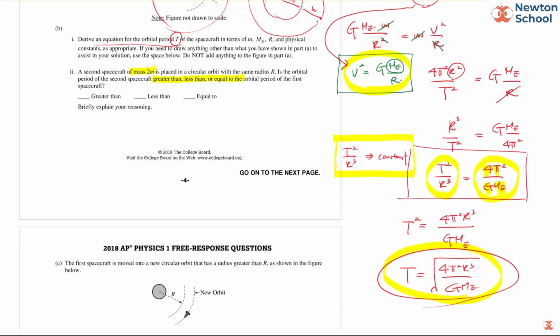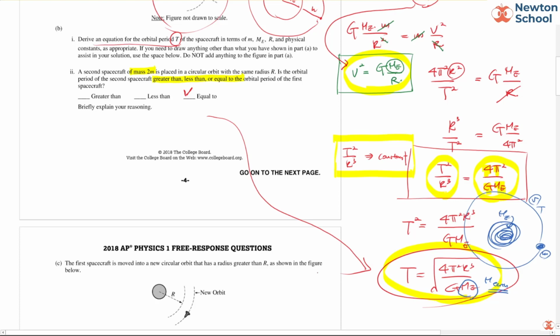Make sure you understand this is the mass of Earth. Basically, if something is orbiting, its period or speed depends on the mass at the center, not the mass of itself. So that's the key point here. So it will be equal, and you can say so using this equation.